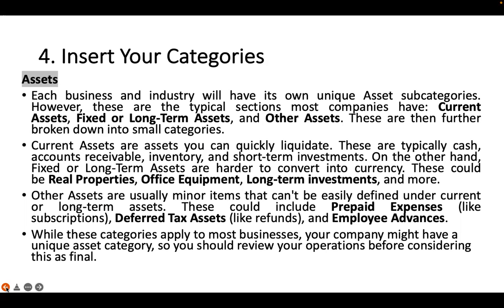Accounts receivable are the amount which we will receive from the buyers, and we can liquidate that also. Inventory is the stock in hand while preparing this balance sheet. And short-term investment, like a 6 month or 1 year term insurance or something like this. So these will come under the current assets.